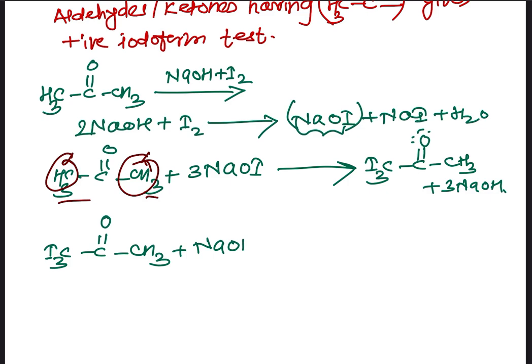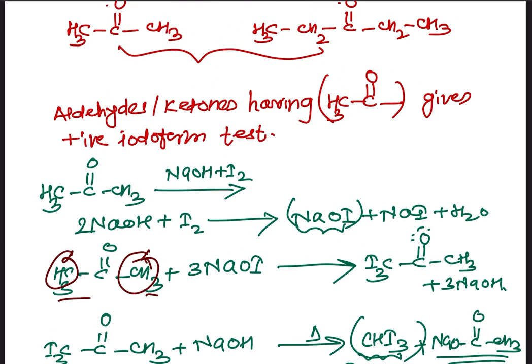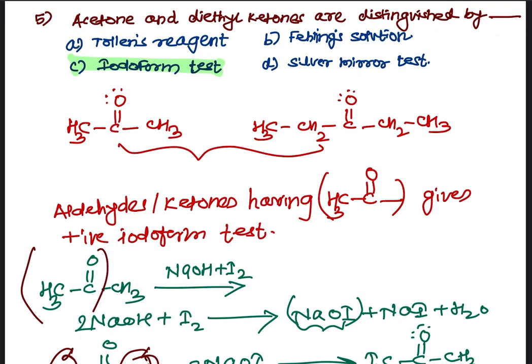Sodium hydroxide, this CI3 and this H combine together and it gives CHI3, yellow colored iodoform, and sodium salt of this. So this is iodoform. So which aldehydes and ketones give iodoform? Aldehydes and ketones having CH3C double bond O. So answer is iodoform test.